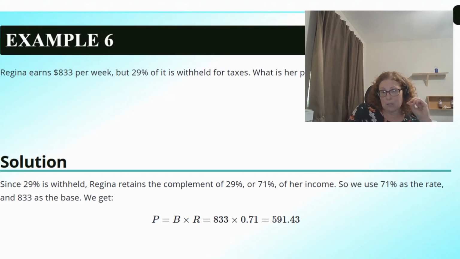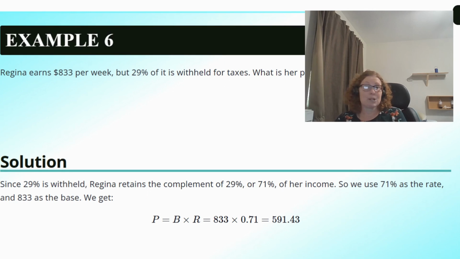She keeps the complement of 29%. So she keeps 71%, right? Because 100 minus 29 would be 71%. So we're going to use that as the rate. 833 is the base, and we want to know the part, because we want to know her pay after taxes.